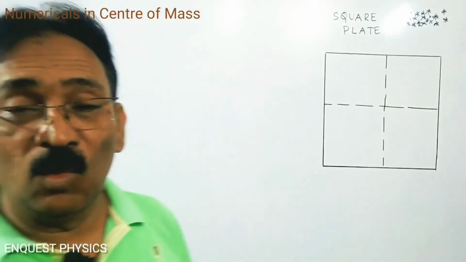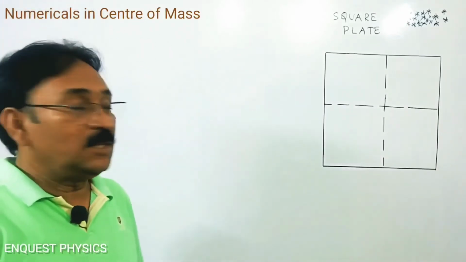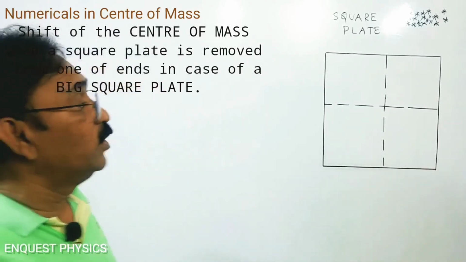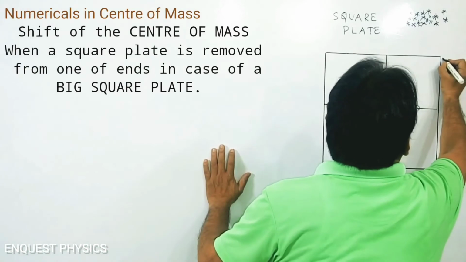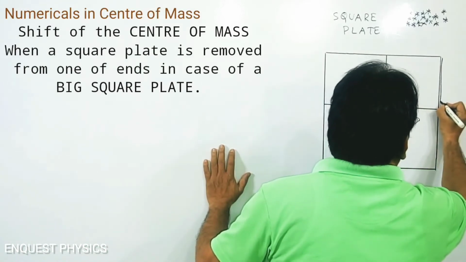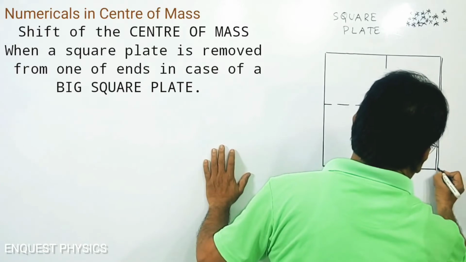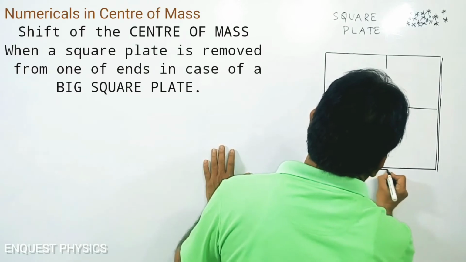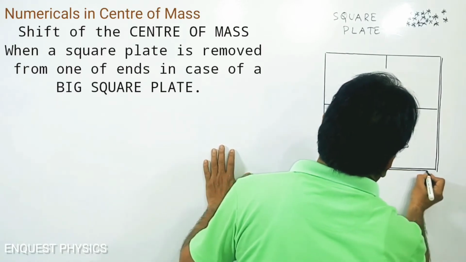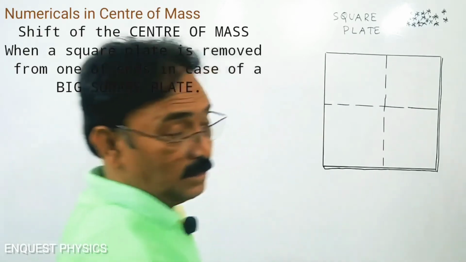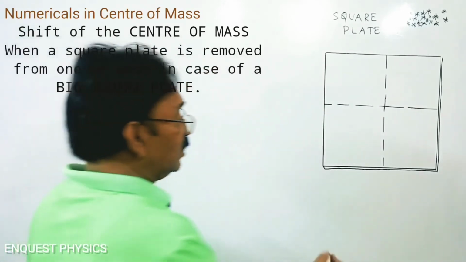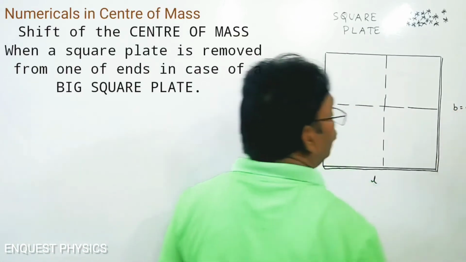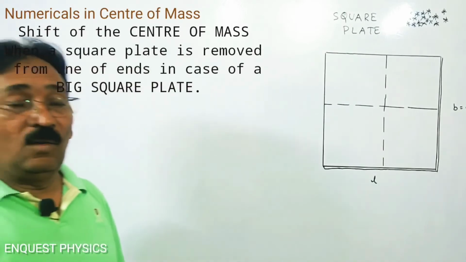Okay, students, let's do one more example on the same concept. This time, instead of the circular plate, we take a square plate. Let's say the square plate has uniform thickness and is made of material of the same density. The square plate has a length of L and its breadth is also equal to L. What is this problem saying?